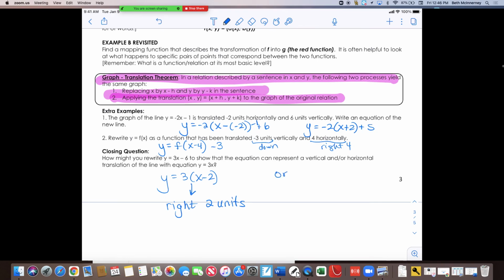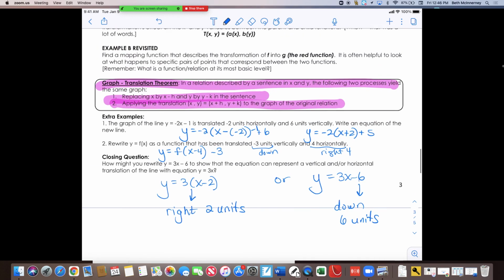Or I could take this equation, and wouldn't this one, just how it is, show it's down 6 units? All right, that finishes our notes.